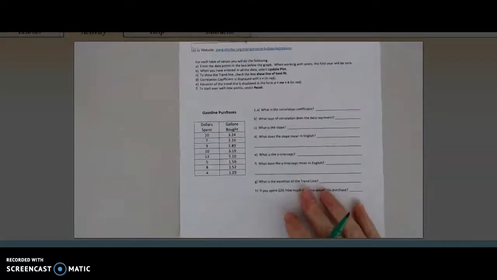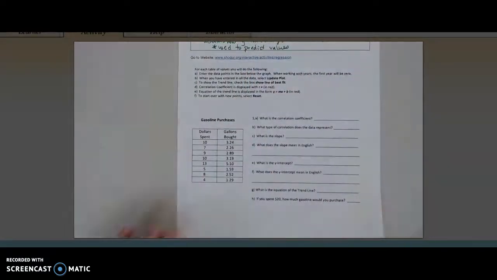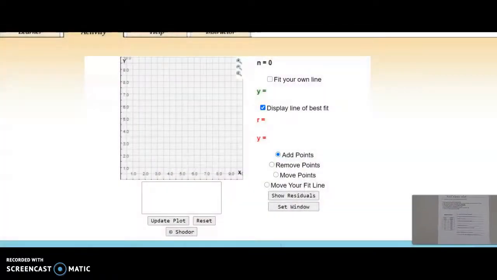All right. So let's go back to our example. We are going to go to this website, and I will bring it up on my screen. We are going to add those data values in. I'm just going to go in order from the table.